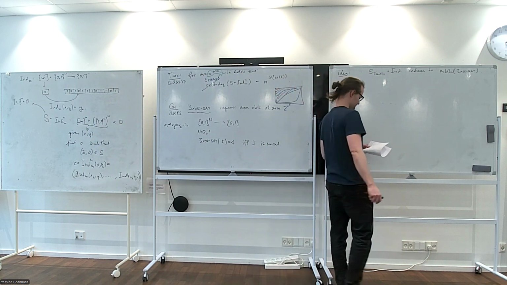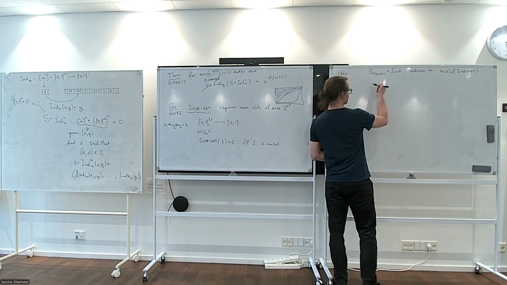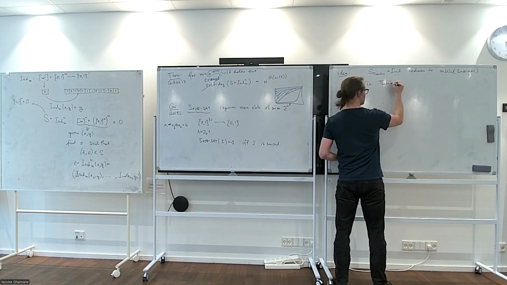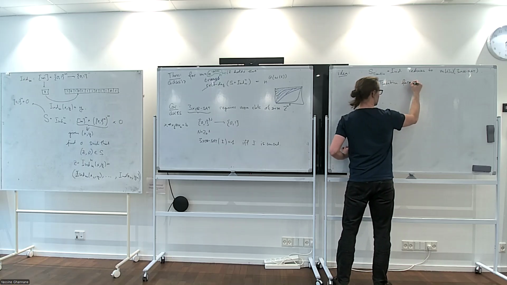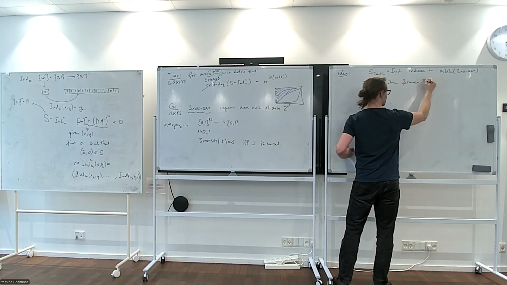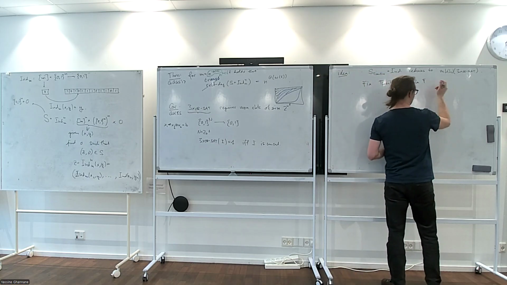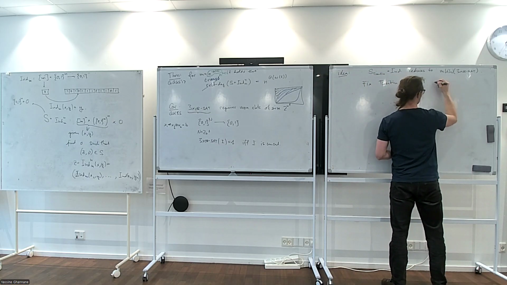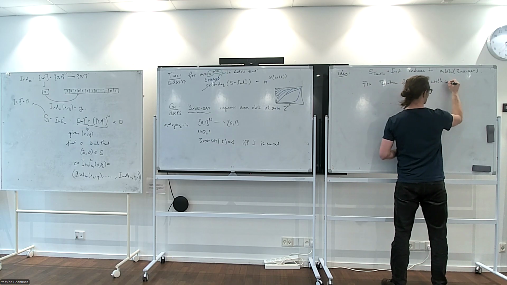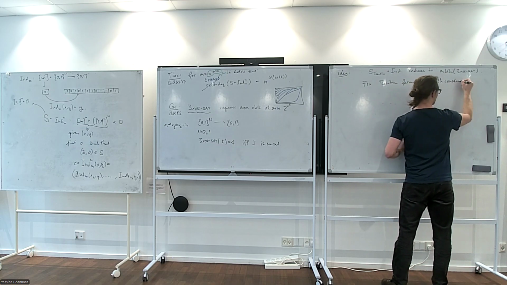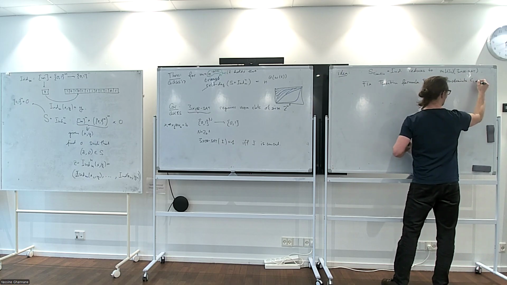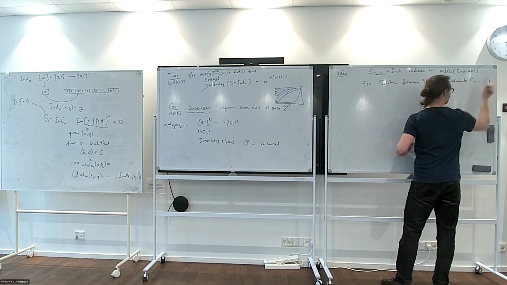All right, so let us fix a Tseitin formula F. And let us say we have T constraints, C1 up to CT.